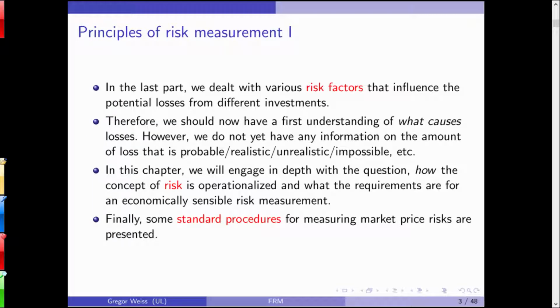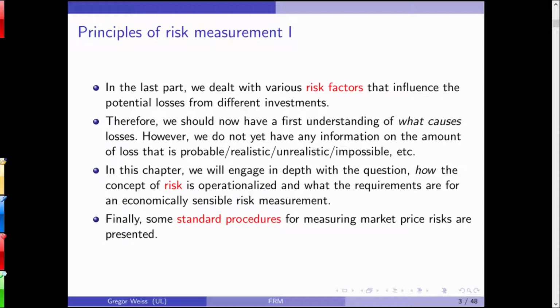Okay. Now, in the last part of the class, we dealt with various risk factors that could influence losses from different investments. We've seen that, for example, for an investment in a portfolio of bonds, we have the interest rate level and possibly the credit spreads, more precisely the default probabilities, as input variables, as risk factors that drive the potential financial losses.